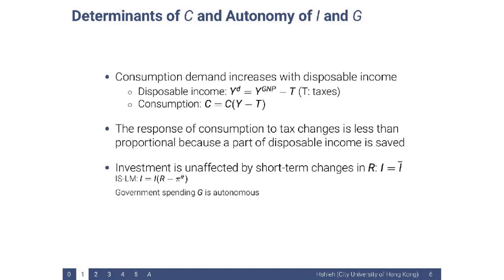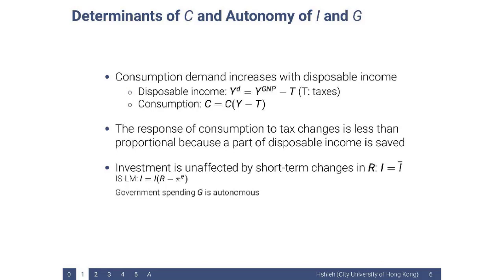Okay. Again, the reason is because not everything goes towards consumption. If it did, the aggregate demand curve would change 1 for 1, right, with respect to income. But it doesn't, because most people will save some of that money. So that's what it says here, right?